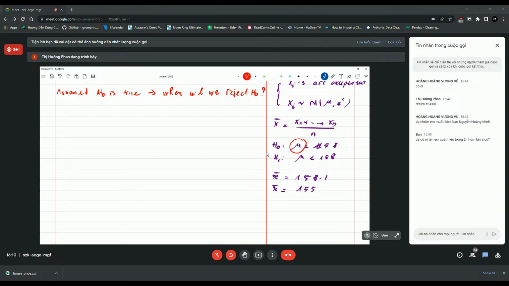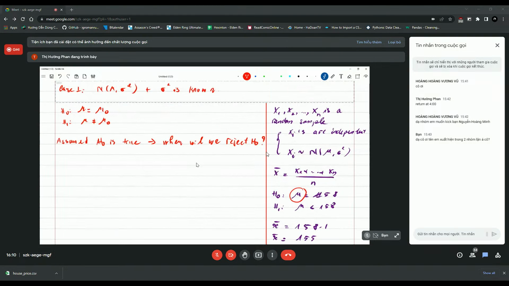Okay, so return to our construction. Assume that H0 is true. Then we need to answer the question: when should we reject H0? As I already showed you, we base it on the point estimate of parameter mu, which is H bar.